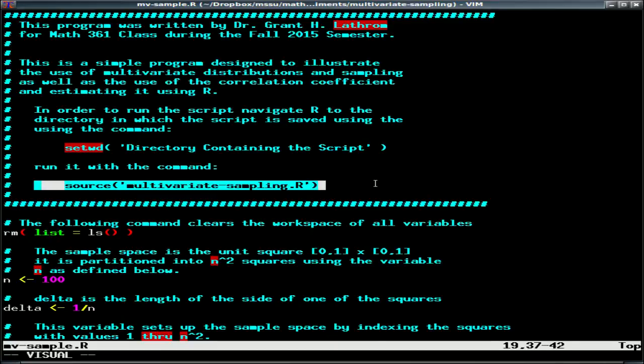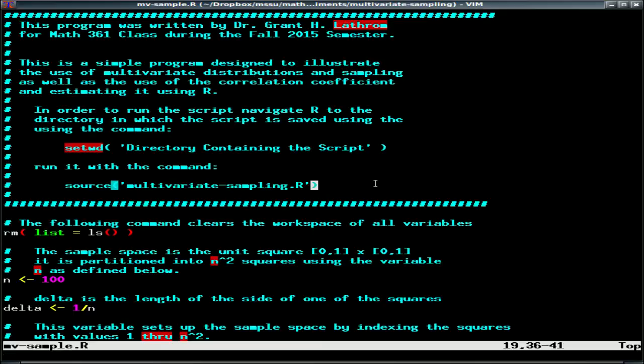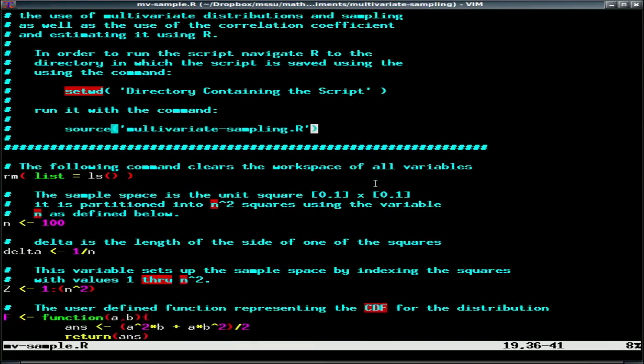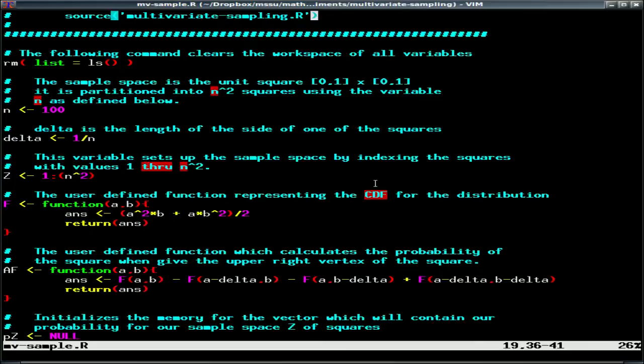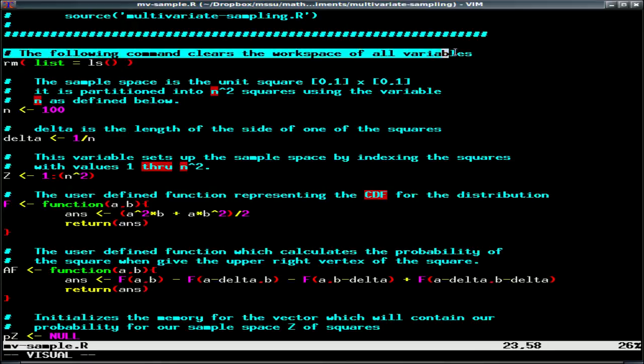Let's go through the script and see what all of the components are. The first command clears the workspace of all the variables, so that we don't have other variables where perhaps we've used the same name somewhere else. We want to clear all those values out, and that's what this first command does.